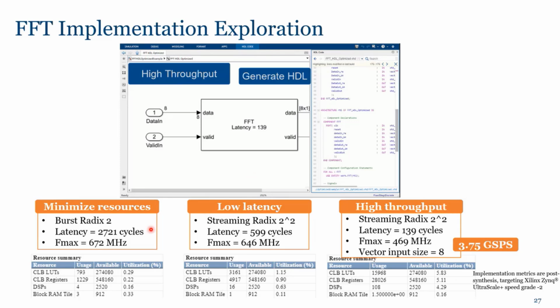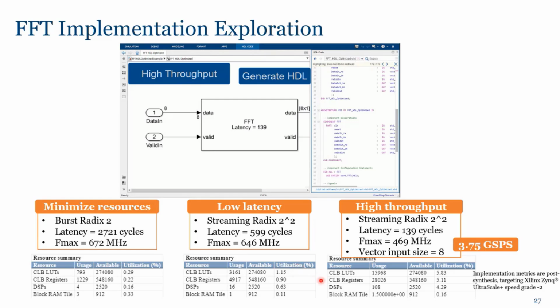So for the first one, when we were trying to minimize resources, we had a high latency, but we had a very low utilization percentage. When we started to reduce latency, we were able to do that, but of course, the usage of hardware resources started going up.